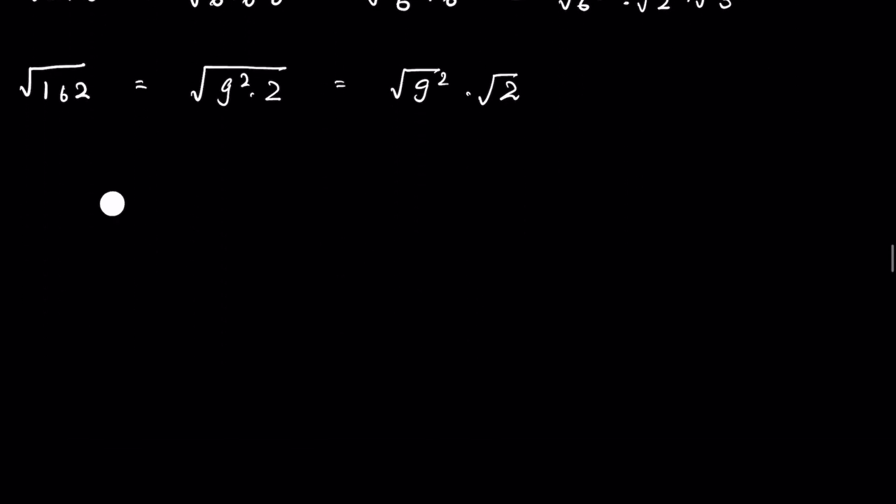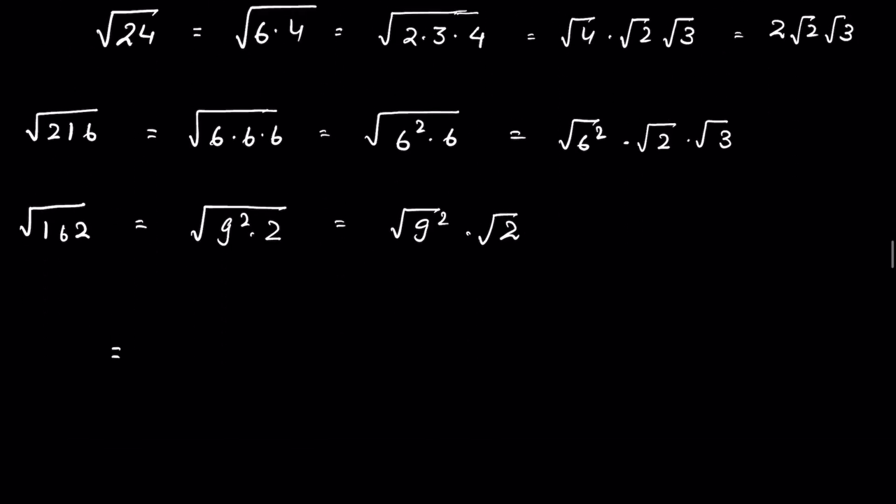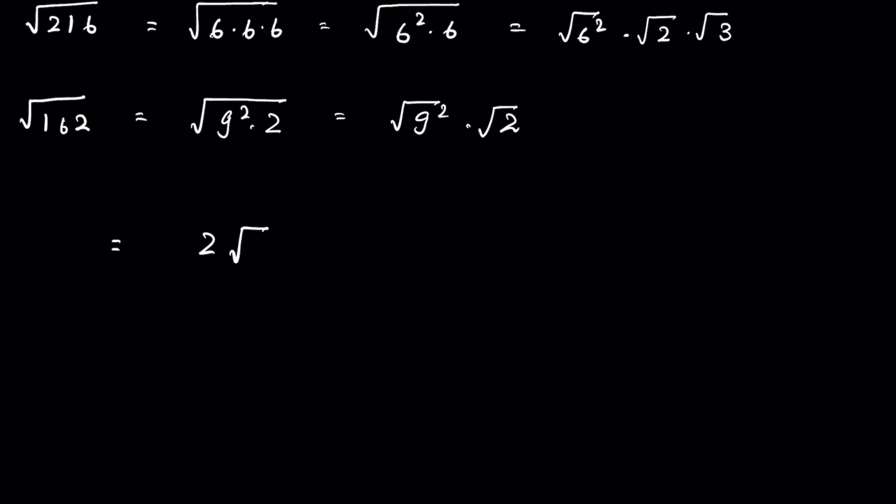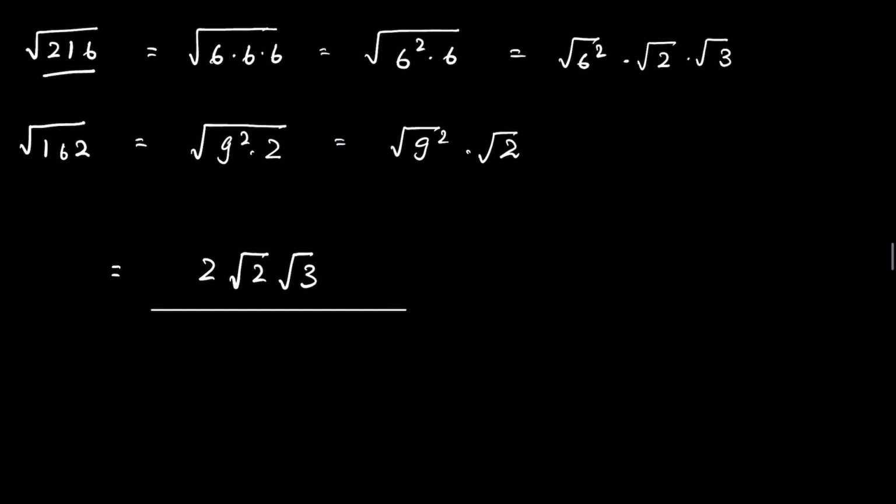Let's write the question. Square root of 24 we can write as 2 times square root of 2 times square root of 3, upon square root of 216 as square root of 6 square times square root of 2 times square root of 3. We remove the square root with the square, so 6 times square root of 2 times square root of 3, then plus square root of 162 as 9 times square root of 2, then all under square root.